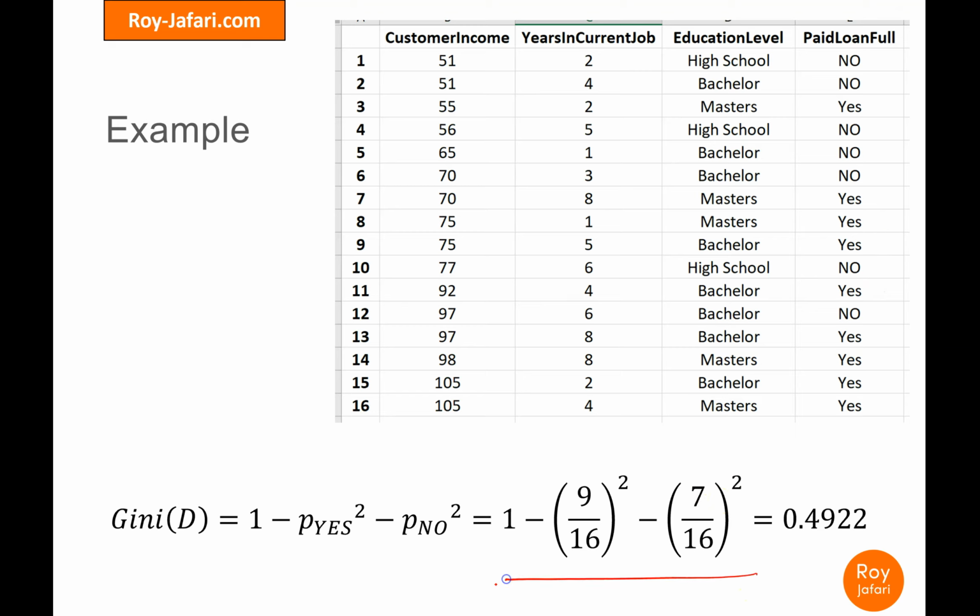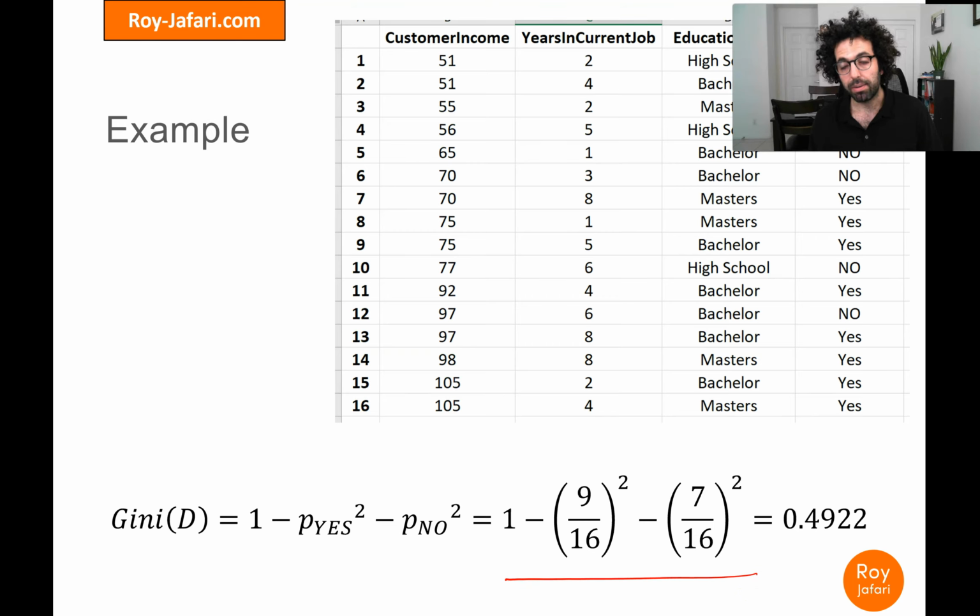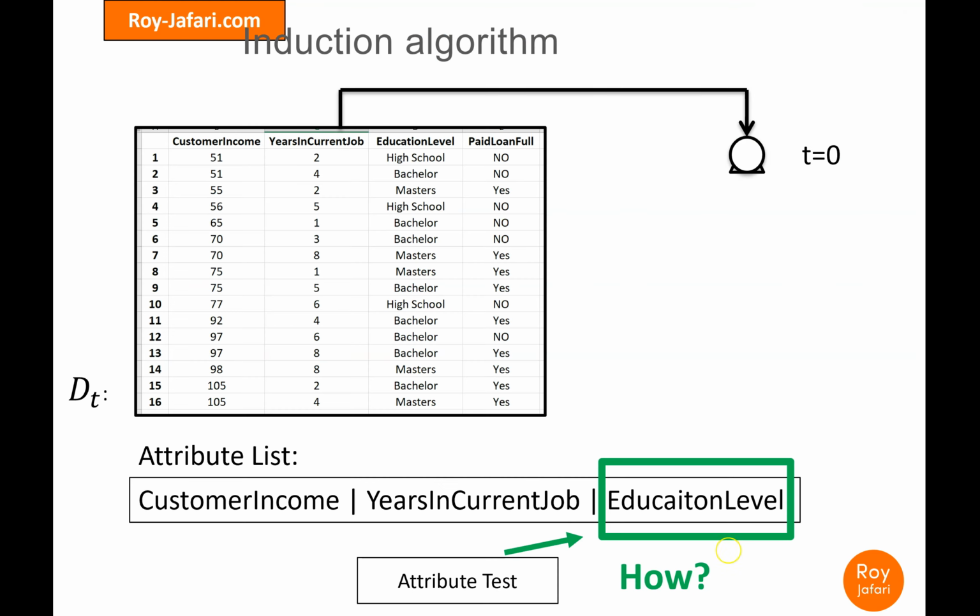So this is an example of calculating the impurity of this whole data set. So that's the Gini index, very simple.